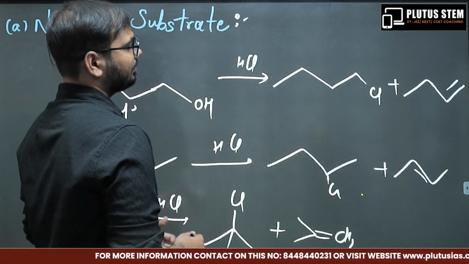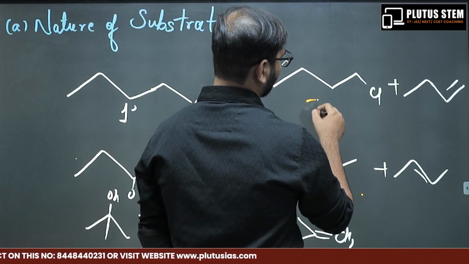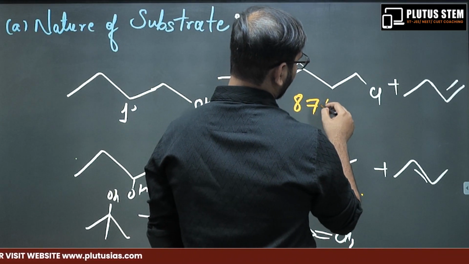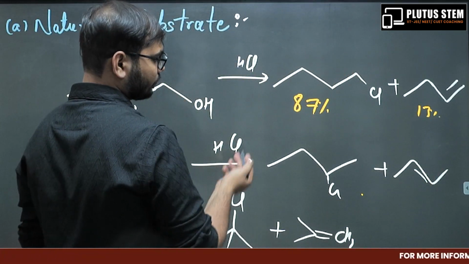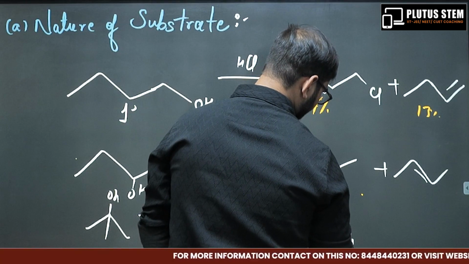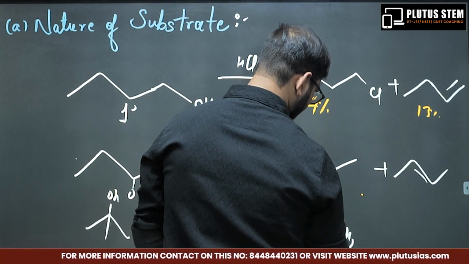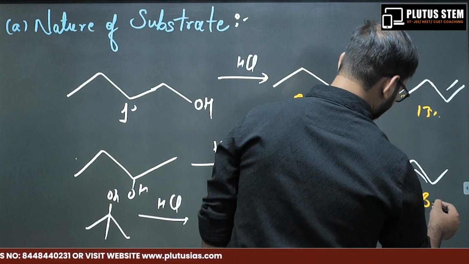In this reaction, what did we find? For the primary alkyl halide, the proportion of substitution product was very high, about 87%. The moment you switch to the secondary alkyl halide, the percentage goes to about 48%.